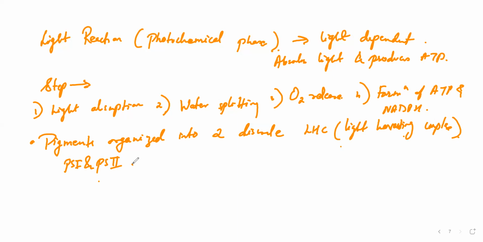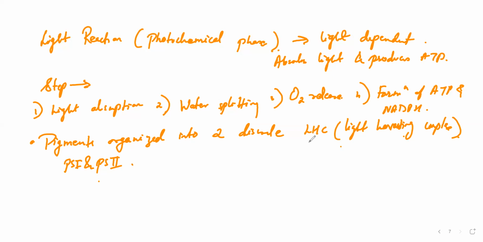It will contain all the pigments except a single chlorophyll A, which we are going to see in each of the photosystems individually. The pigments present in this LHC are going to absorb the light according to photosystem 1 and 2. For example, I told you 700 is for the 1 and 680 is for the 2. This is how that LHC is going to work.